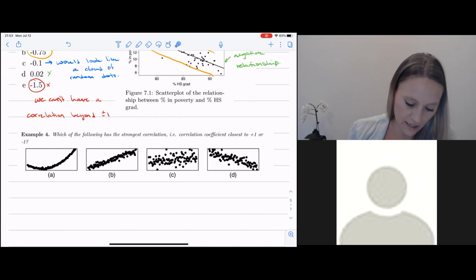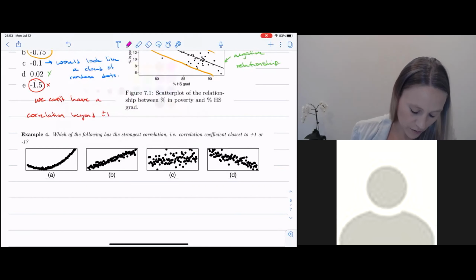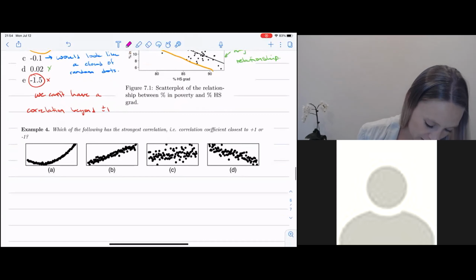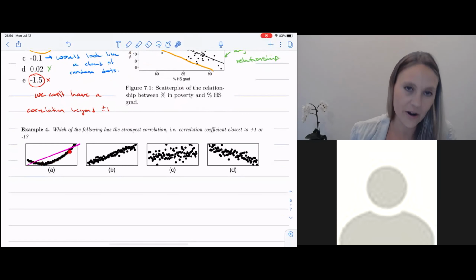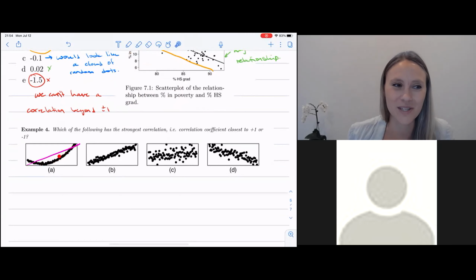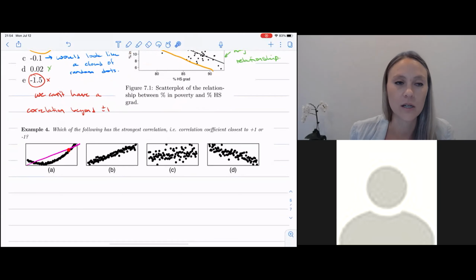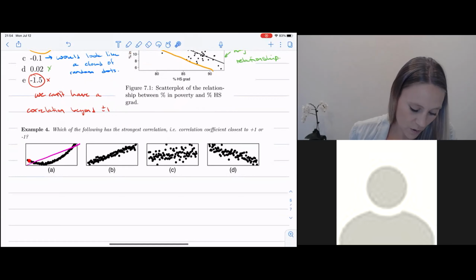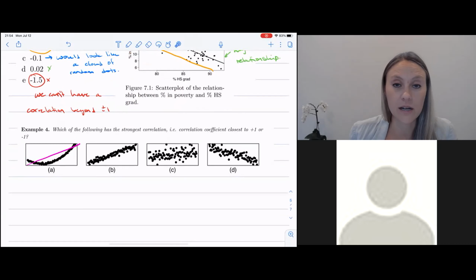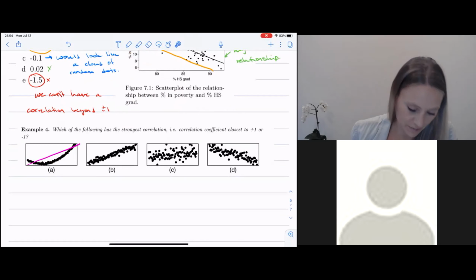The reason for that, I want to show you, is because if we fit a line of best fit here, these dots all of a sudden are not close to this line, right? The correlation is really a measurement of how close to the line things are. It's a little bit more than that, but it's nice to think of it that way. And so when we see this, a lot of these points are far away from the line.